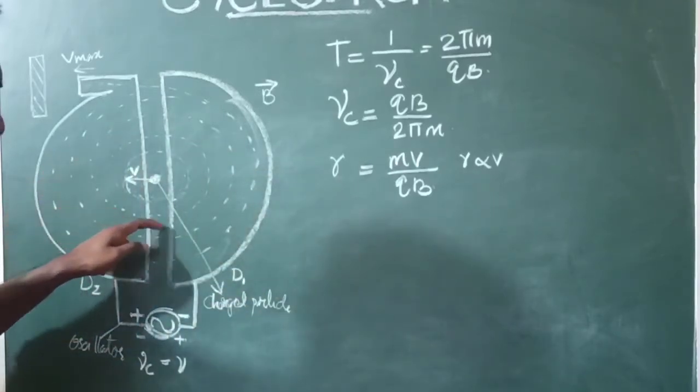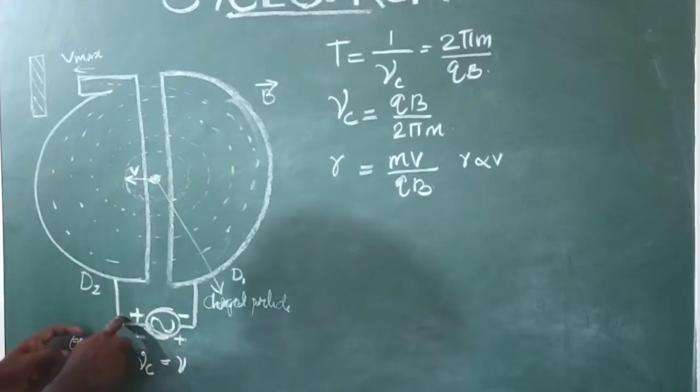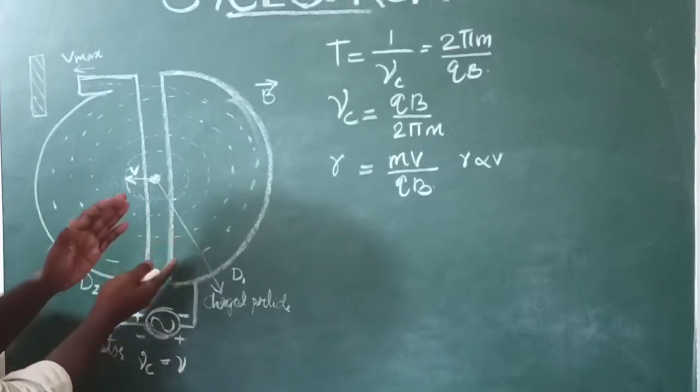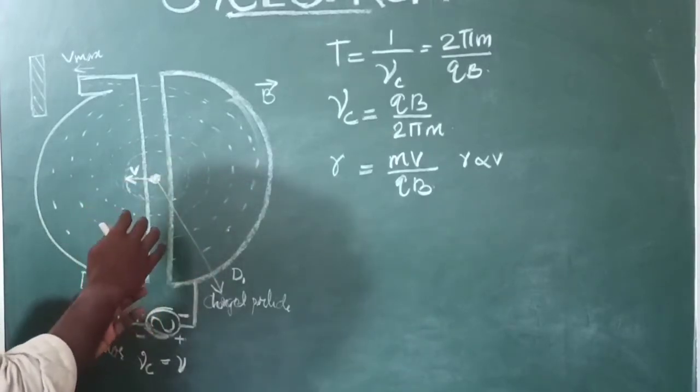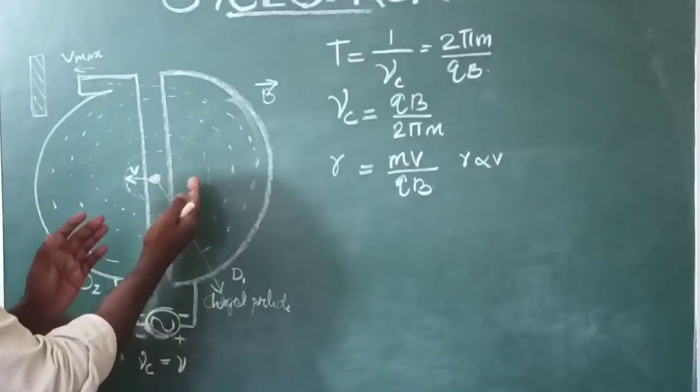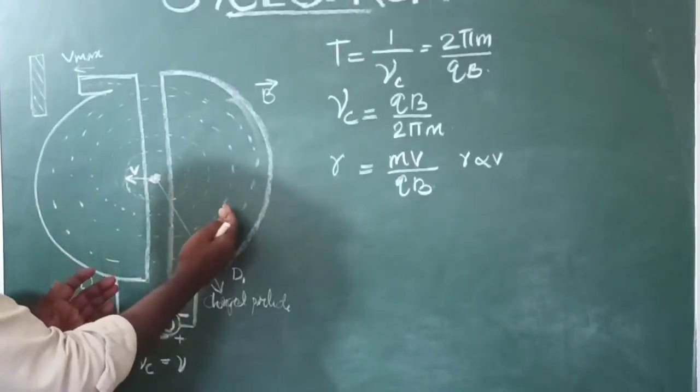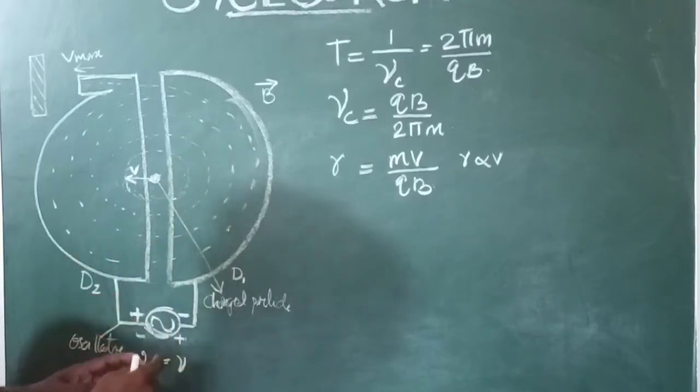So this process takes place continuously. The polarity of the oscillator changes in order to change the direction of the electric field, so that the particle can move from one D to the other accordingly.